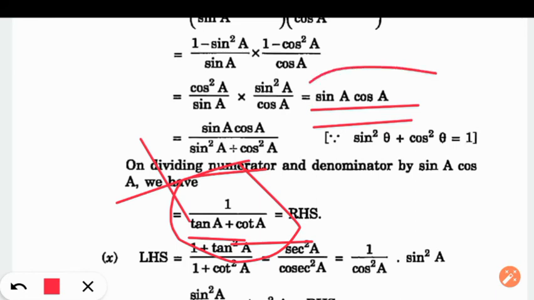After this step, write RHS, and in RHS you have tan and cot. In place of tan A you can write sin A by cos A. In place of cot A you can write cos A by sin A. Now take LCM. In the denominator it will become sin square A plus cos square A, and in the numerator it will become sin A cos A, and we know sin square A plus cos square A is 1. You will get this one.